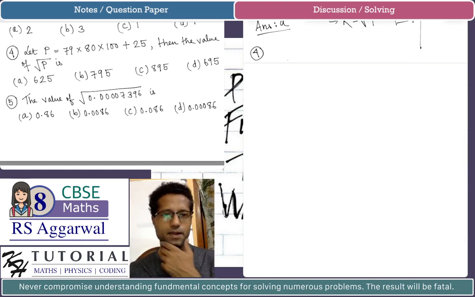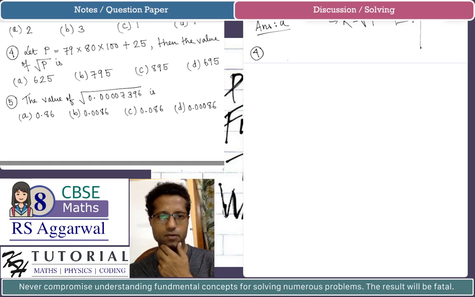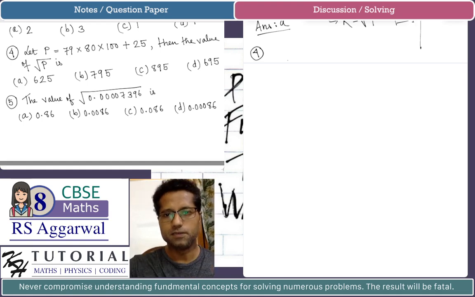It is given that P equals 79 into 80 into 100 plus 25. Then the value of the square root of P is. Okay. Now, as you can see, the value of P is definitely a constant. P is given as 79 multiplied by 80 multiplied by 100 plus 25.